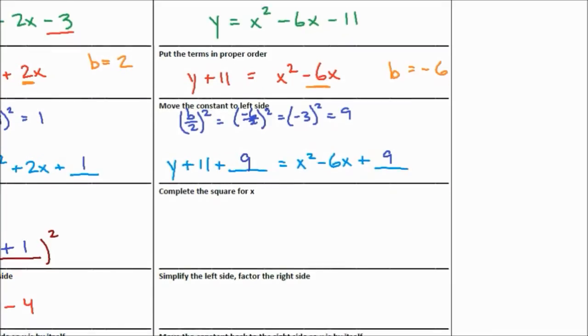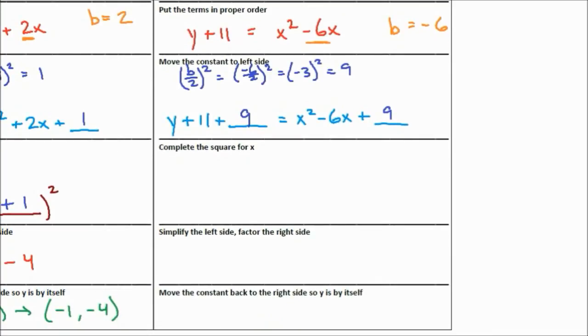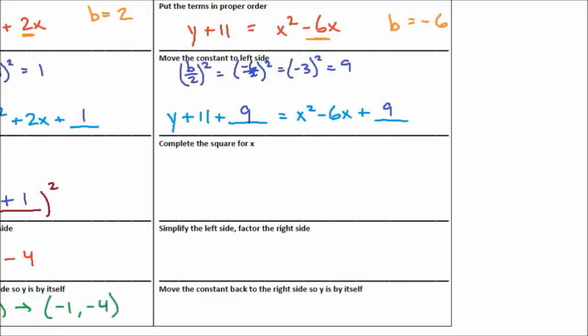Alright, next step. Let's simplify the left side and factor the right side. So simplifying the left side, we get y plus, we got 11 plus 9 is 20, is equal to x some number quantity squared. That number that allows us to factor the right side is found with the expression b over 2.